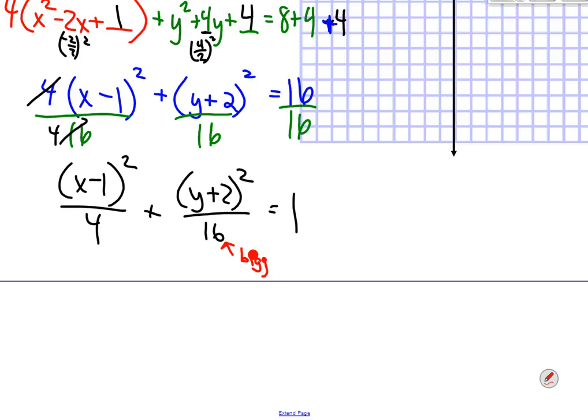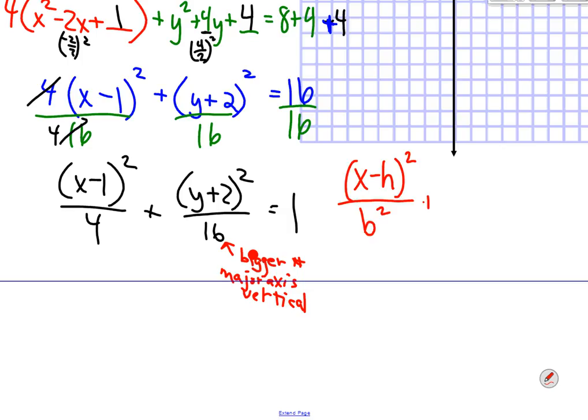So this is the bigger number, and so the major axis is vertical. Vertical. And so then I'm going to write my general form as well. So now it's x minus h in parentheses squared over b squared plus y minus k in parentheses squared over a squared equals 1.